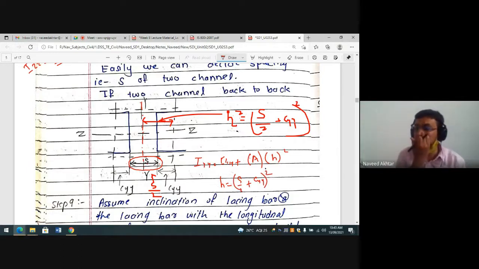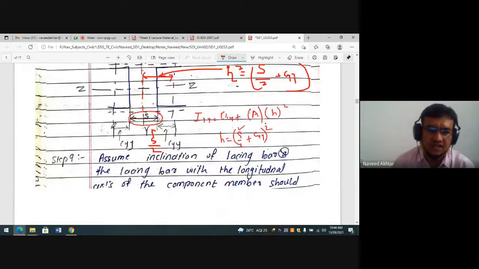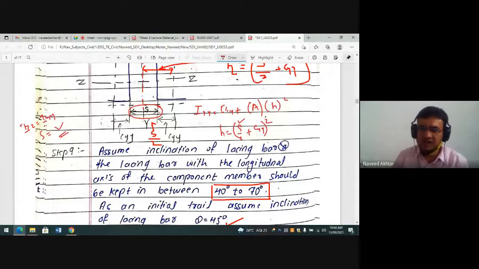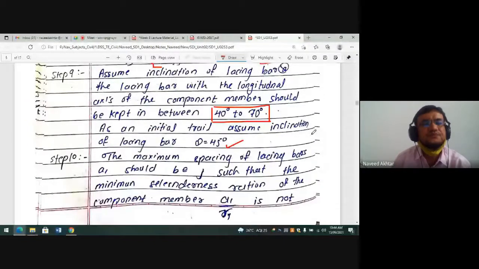So you can find out the value of S by using this parallel axis theorem. About y-axis, we will get I_zz is equal to I_yy, and by utilizing this you can find out the value of spacing S, because C_yy you can take from the steel table.